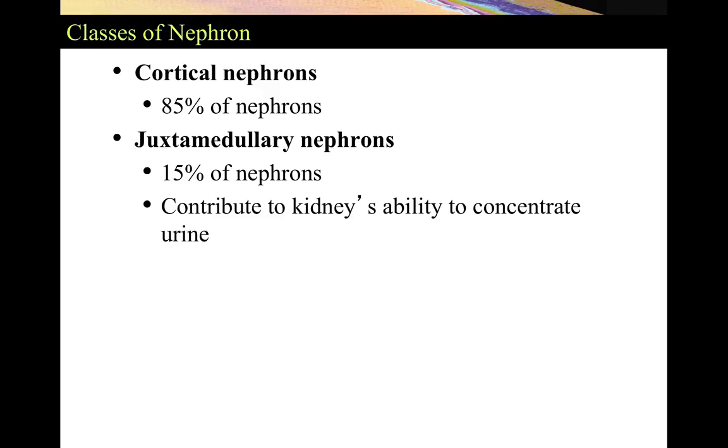The first and most common type of nephron is referred to as the cortical nephron. Just by looking at the name, it should imply that these nephrons have the majority of their structure inside the cortex. 85% of the nephrons you have are cortical nephrons. They're the ones responsible for your typical urine production.